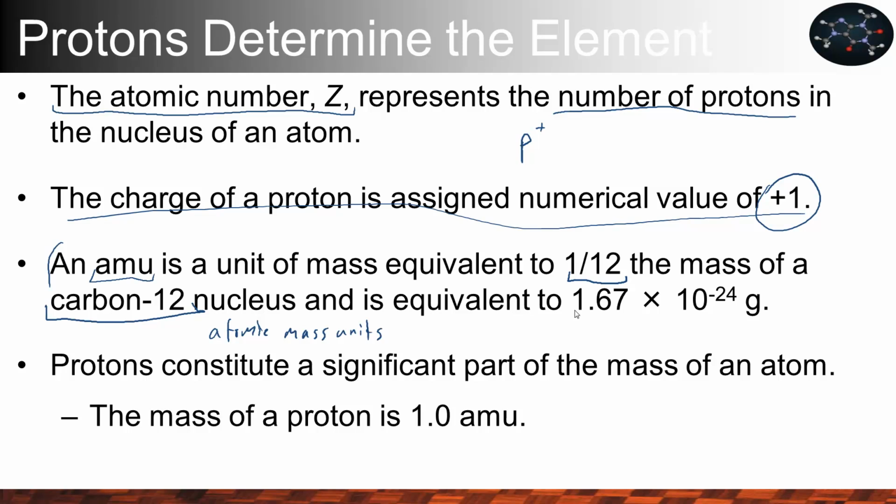And when you work that out in terms of grams, which remember about 10 grams is the weight of a dime and about 450 grams is about a pound, this is 0.24 zeros followed by 167. So 1.67 times 10 to the negative 24th grams. That's a really tiny amount. Now, protons are a pretty significant portion of the mass of an atom. And the mass of a proton is defined as about 1.0 AMUs.